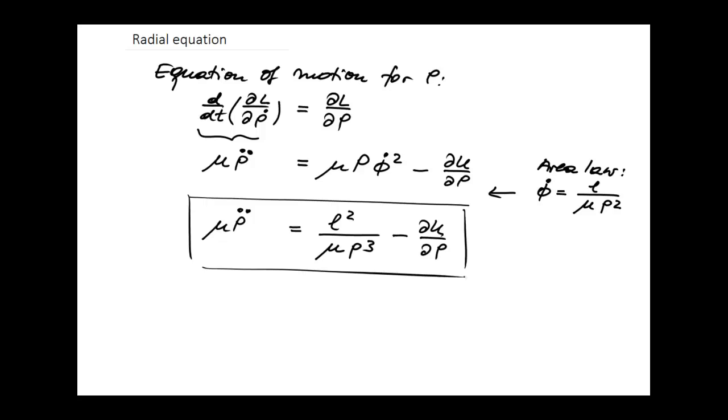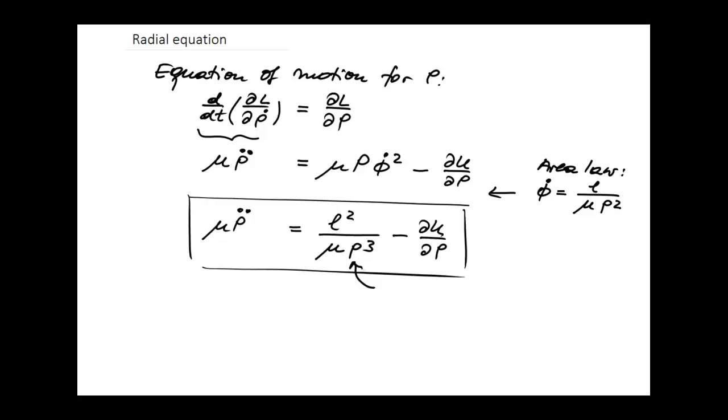The interesting aspect of this equation is that it's not simply mass times acceleration is minus the gradient of the potential, but there's this extra term there. Heuristically, you can regard that as a centrifugal force. It's an extra acceleration that comes from the angular momentum, the finite angular momentum of the system.